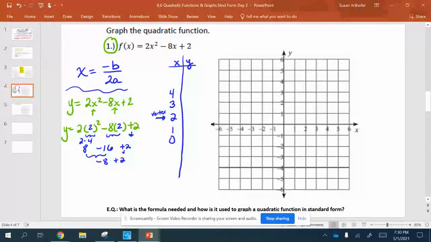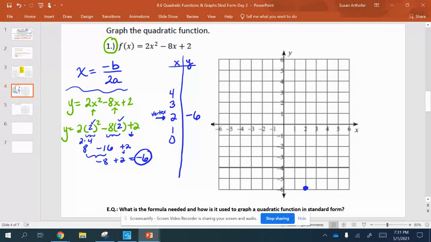Got to keep remembering to bring down the back amount. So negative 8 plus 2, that's equal to negative 6. So when we plugged in a 2, we got a negative 6. And we can make that dot on the graph. Over 2, down 6.